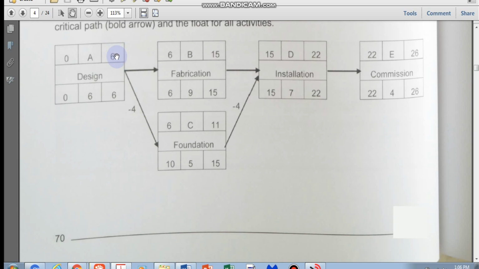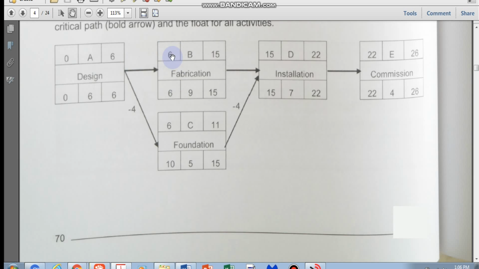Basically you need to go through each and every one of the activities and look at the free float. So here, let's say I'm looking at activity A, so what will be my free float? I'll be taking this number here and looking at what my succeeding activities are.